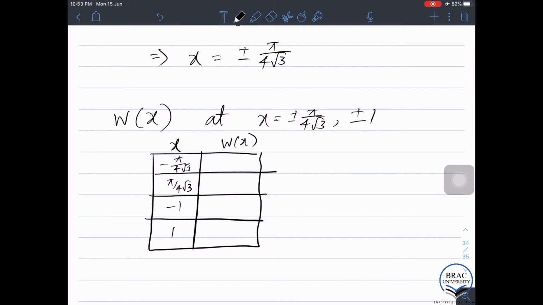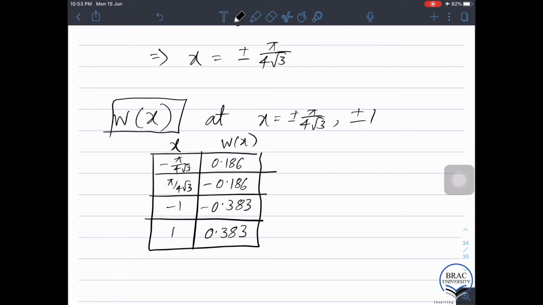Okay, if you calculate the value of w of x, please remember this is w of x, not w prime of x. You're calculating the maximum of w of x, and if you calculate that, this would be 0.186, this will be minus 0.186, this will be minus 0.383, and this will be plus 0.383.